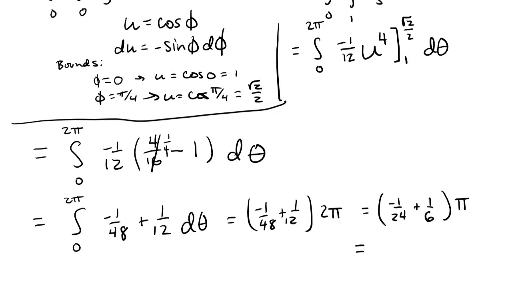If we combine those, a 6th is going to end up being 4 over 24. So then we'll end up with 3 over 24 pi, which 3 over 24 is an 8. So we'll end up with pi over 8 as our final volume for that solid.